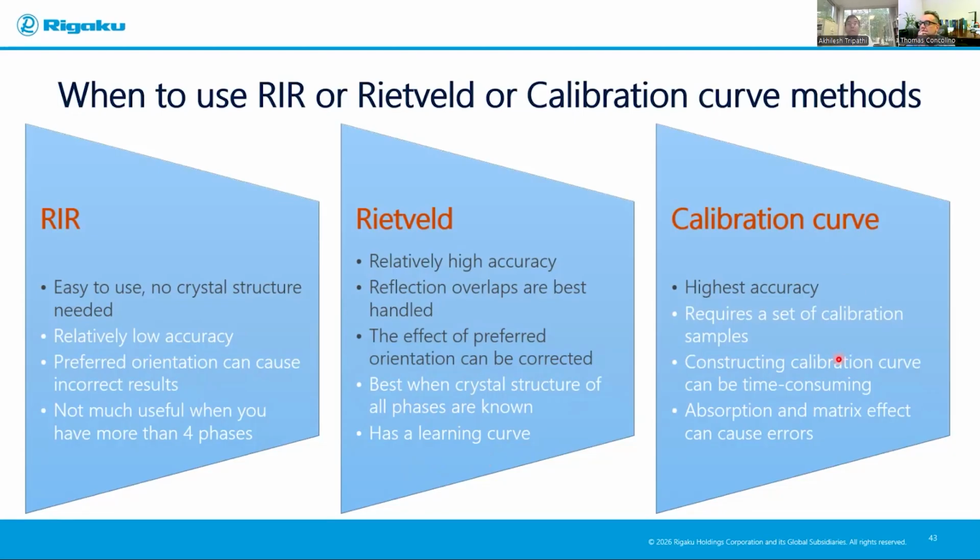Calibration curve, perhaps the highest accuracy among the 3, if the conditions are met well. But let's point out what would make you get a very good calibration curve. It requires a set of calibration samples, so you should have them, which is a big limitation. For example, if you are a mineralogist, you are doing a mixture of 7 minerals.